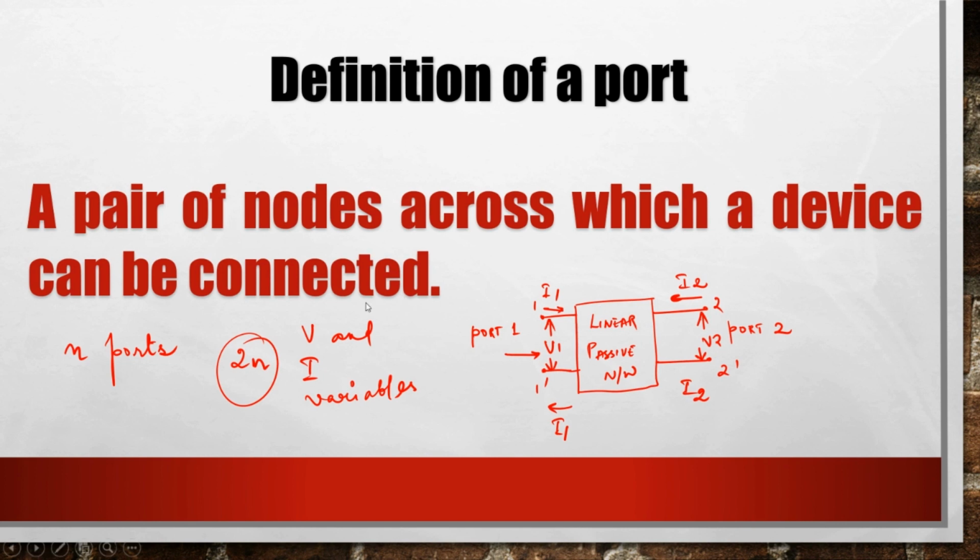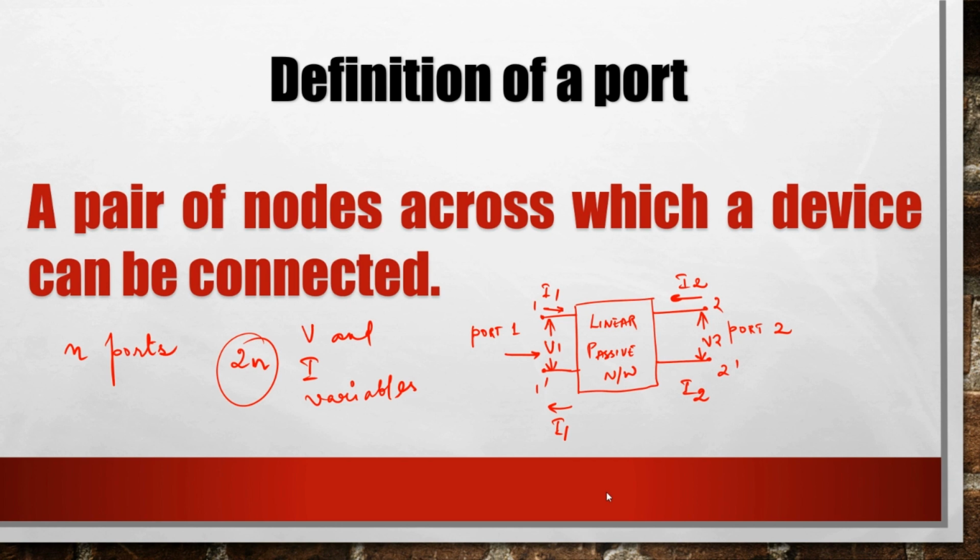So essentially, the voltage and the current variables are just double the number of ports associated with this network. So if it's a two port network, four current and voltage variables. If it's an n port network, we'll have 2n V and I variables associated with it. Now, these voltage and current variables can be arranged in any order, in any manner, and could be arranged into groups of two with n variables in each group.